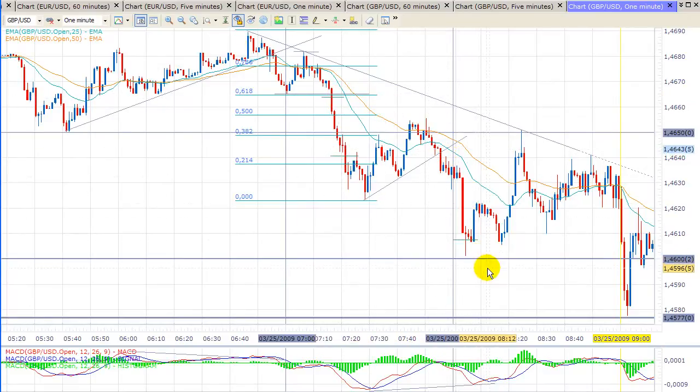We've got here the 46 level, 00. A lot of times in the European session, the double zero levels are gonna be a place where the price action is gonna stop, at least for a while.